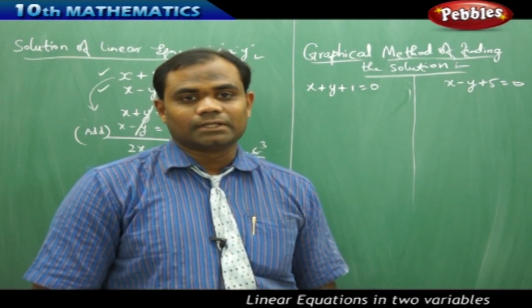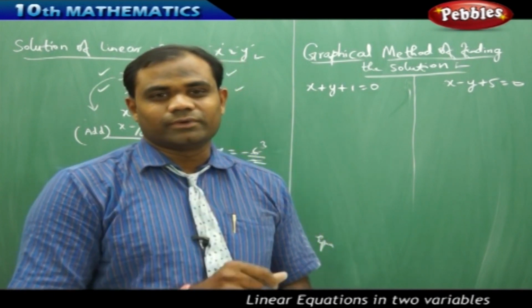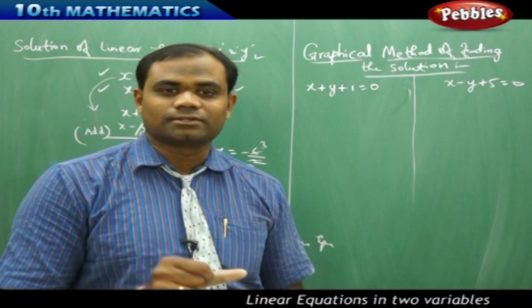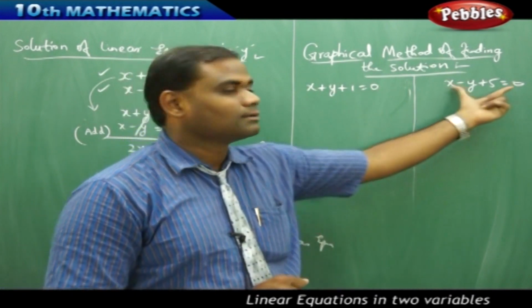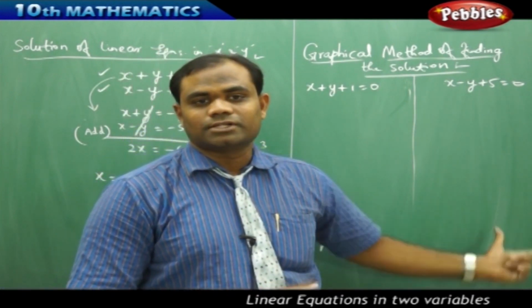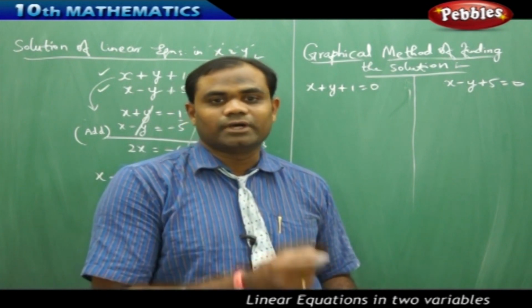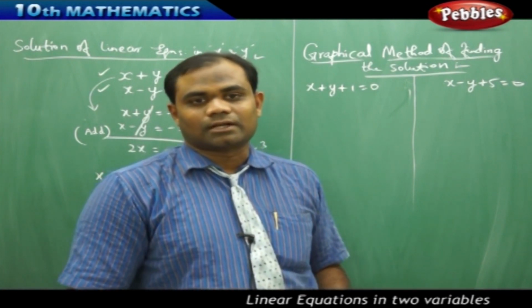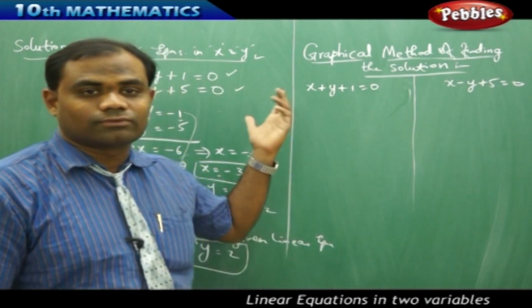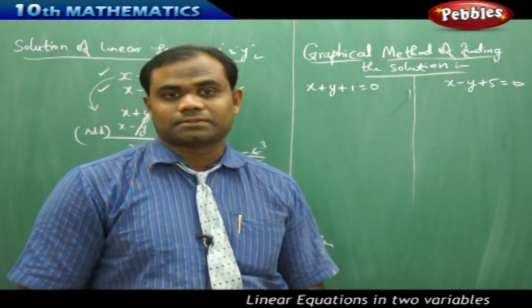So graphically, the solution of the two equations is the point of intersection of line 1 and line 2. So let's draw the lines and see where the point of intersection lies, and finally we get the solution of the given linear equations.